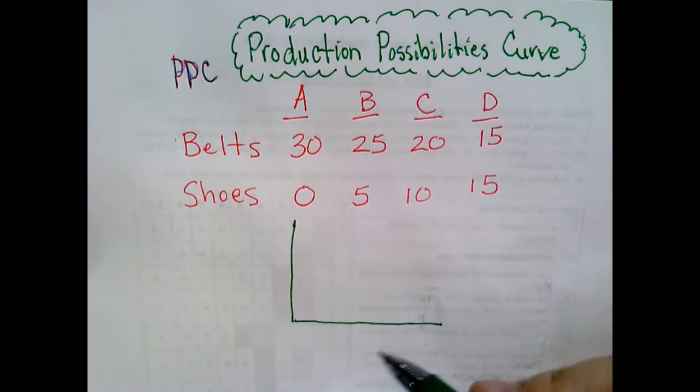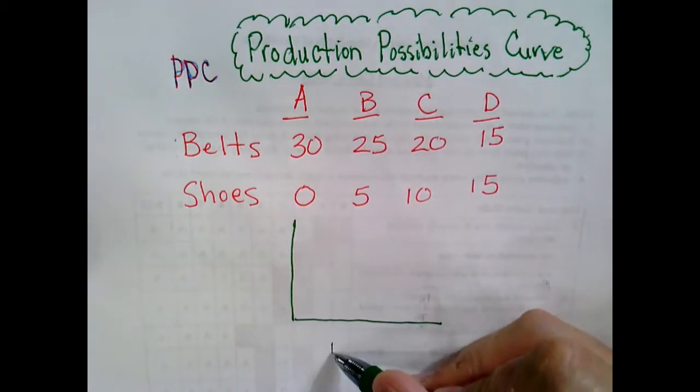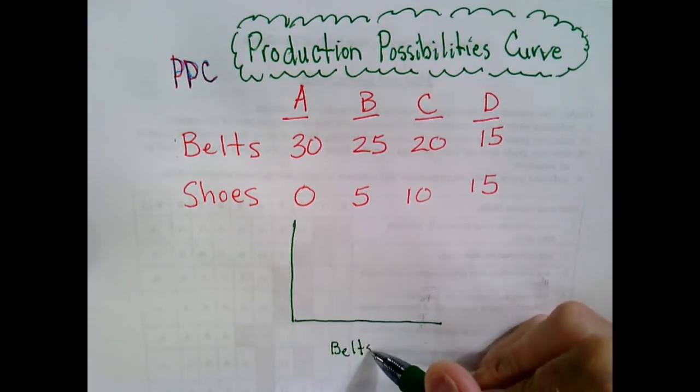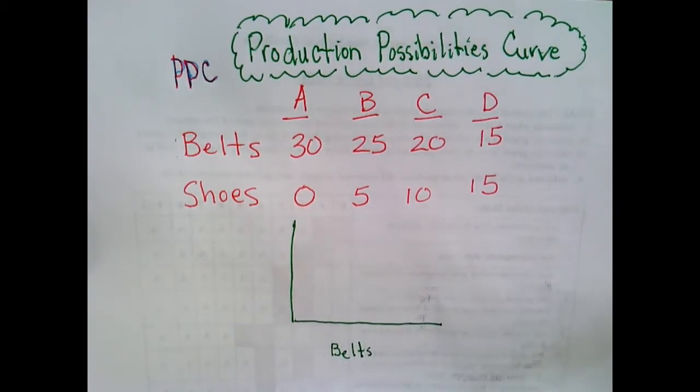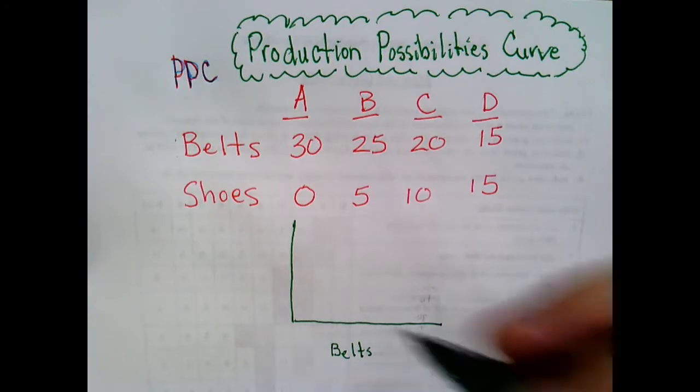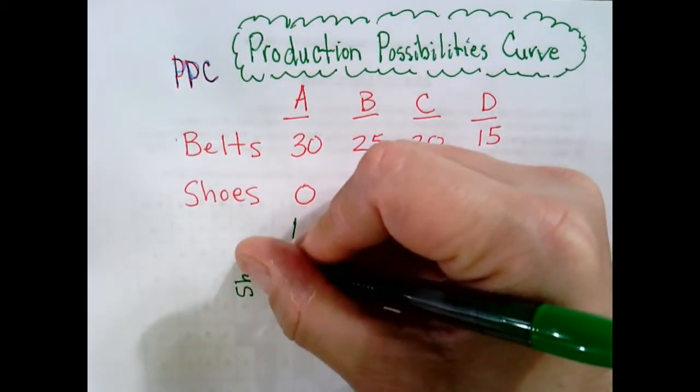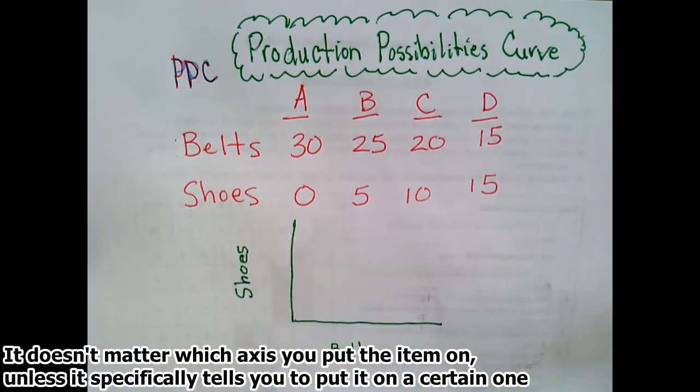Let's just say I'm going to put it on the x-axis. So the x-axis will represent belts. That means that the y-axis has to be shoes. So we have our y-axis and x-axis both labeled.